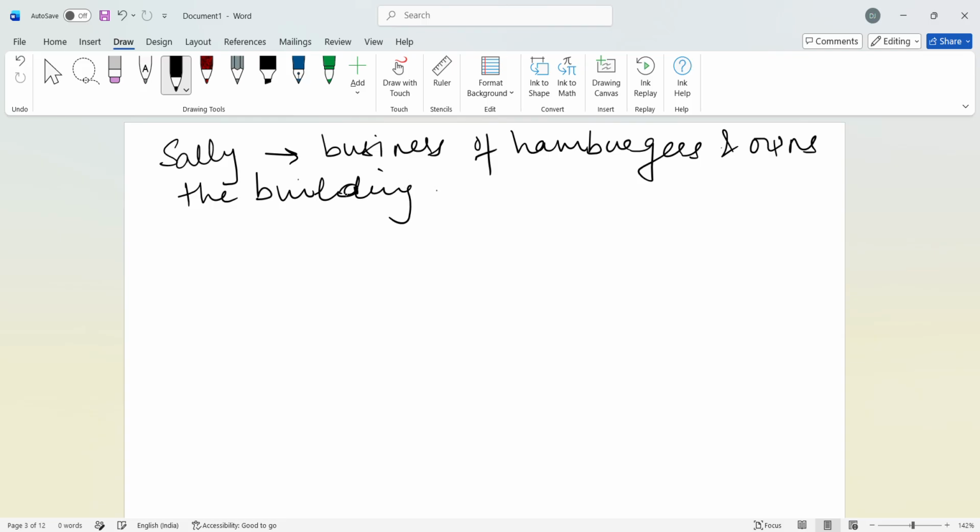Every month, they sell 5,000 hamburgers at $5 per hamburger. So basically, the sale is the total revenue being 5,000 hamburgers times $5 per hamburger. That turns out to be $25,000. All right, that's the total revenue for her.